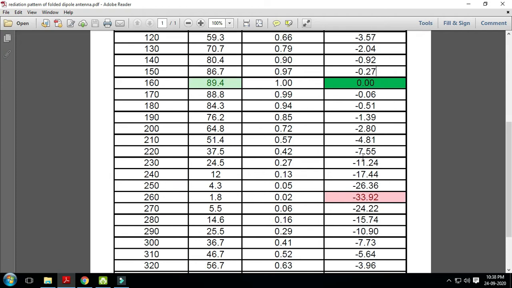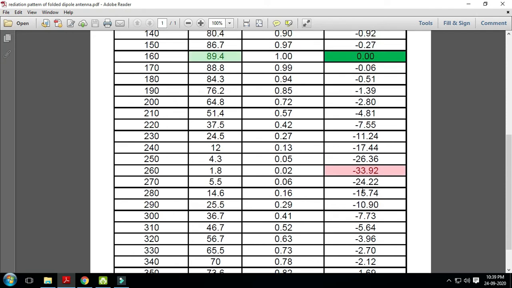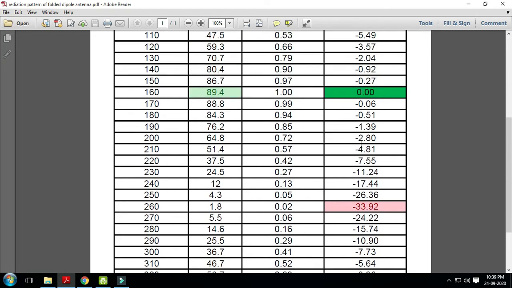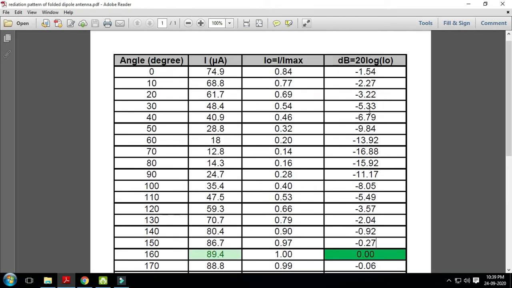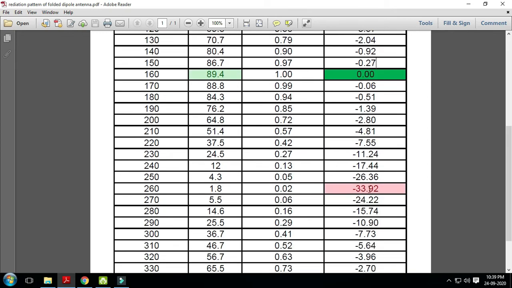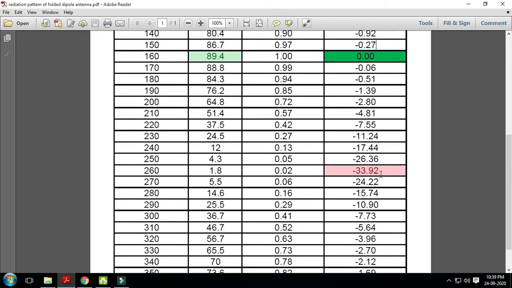So you also calculate all the values and go through all the values. There you find that 0 is your maximum value and as every value is in negative, minus 33.92 is the lowest value. So this is my highest and this is my lowest value.